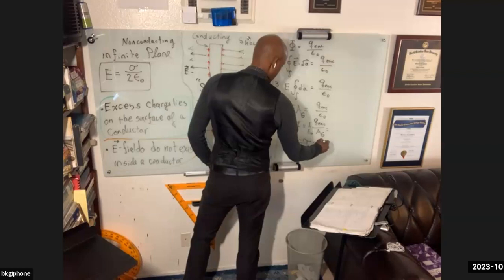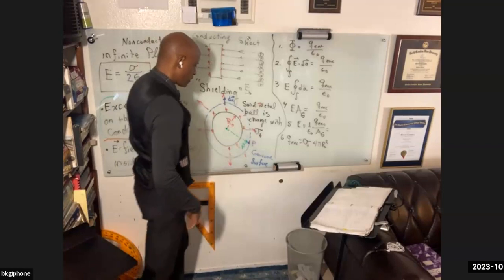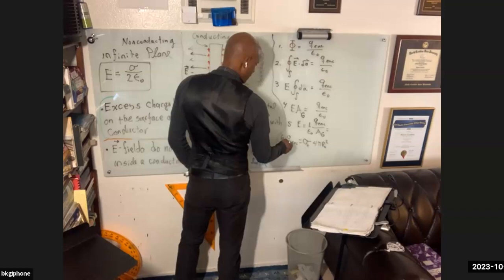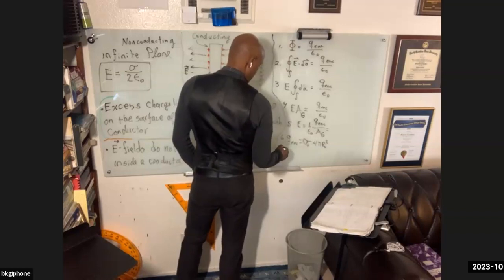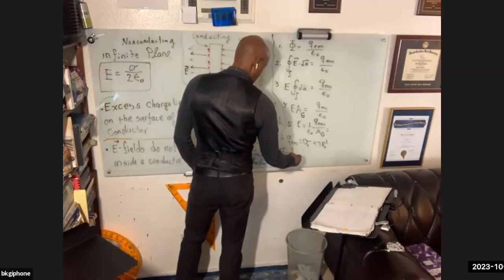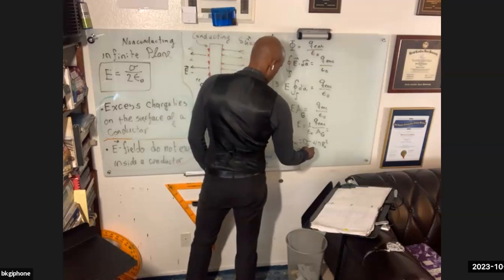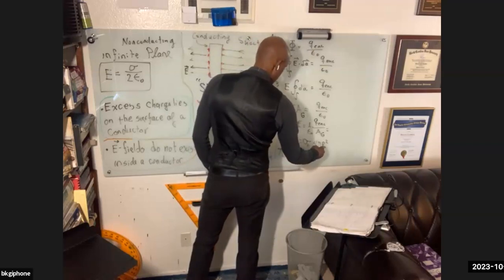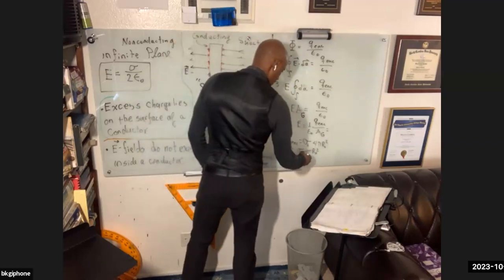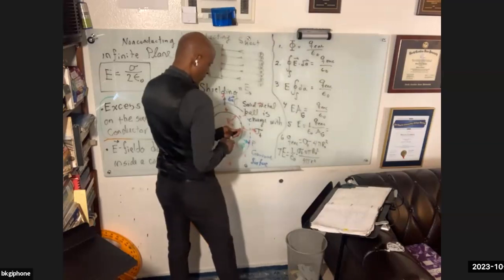So if I take that and plug it in here, E becomes 1 over epsilon naught times sigma plus 4 pi R naught squared, divided by A_G, the area of the Gaussian, which is 4 pi small r squared. There you go. That's what we want.